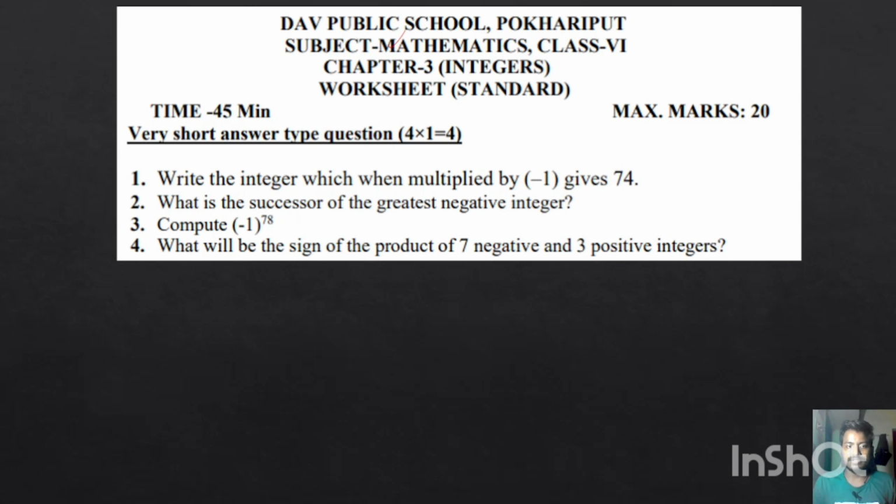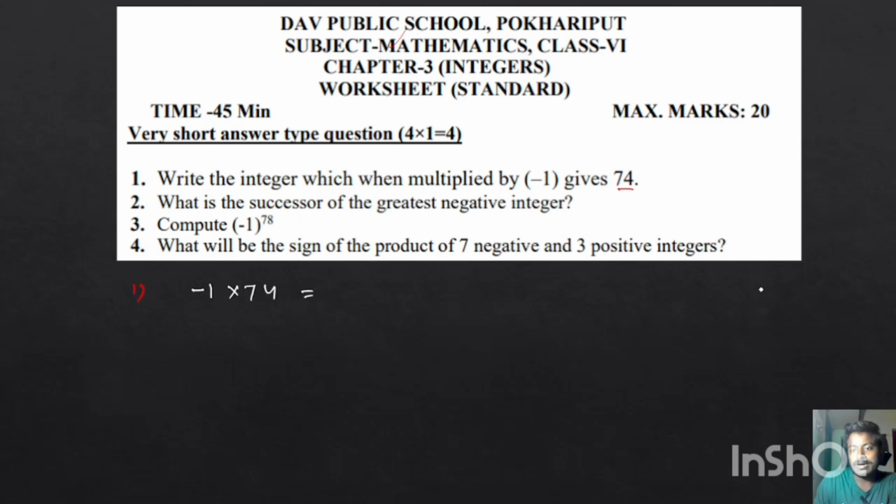First, question number 1. Write the integer which when multiplied by -1 gives 74. -1 into 74.